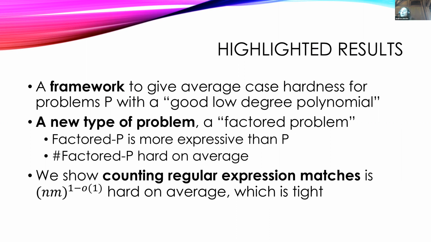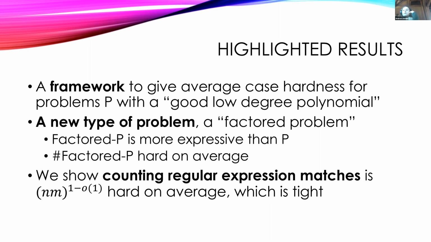We also introduce a new type of problem. We call it a factored problem, where the factored problem is more expressive than its non-factored associated instance. And we show that the counting version of these various factored problems are hard on average using this framework.